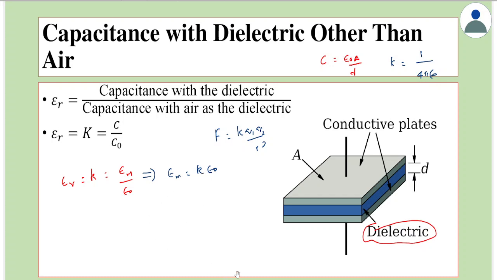Therefore, the capacitance in presence of a medium we will call C suffix M. So C suffix M is a capacitance in the presence of a dielectric. Recall what we wrote for air. It's in this form. For any medium, the form modifies now. It becomes epsilon for the medium into A by D. But this epsilon for medium is equal to K epsilon naught A by D. This factor here is the capacitance in free space.